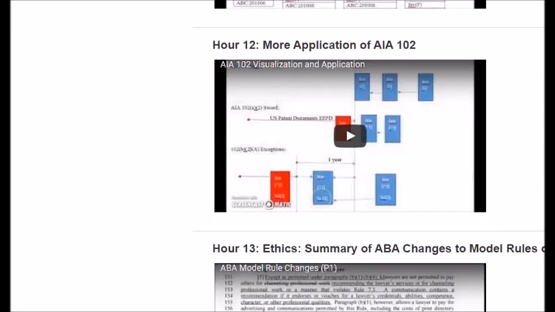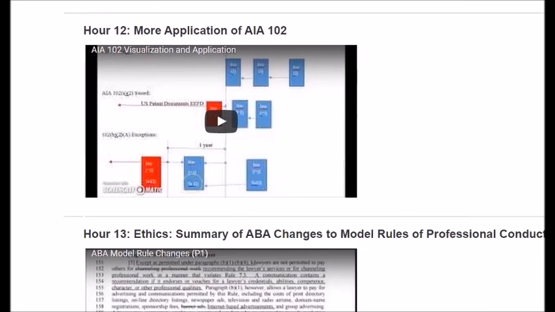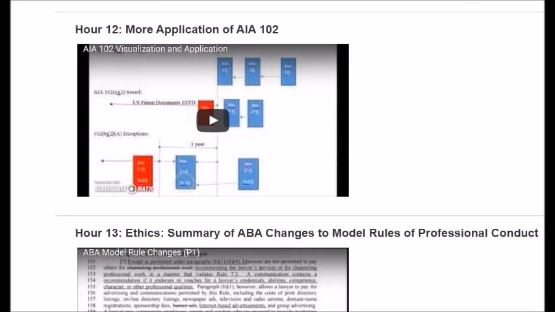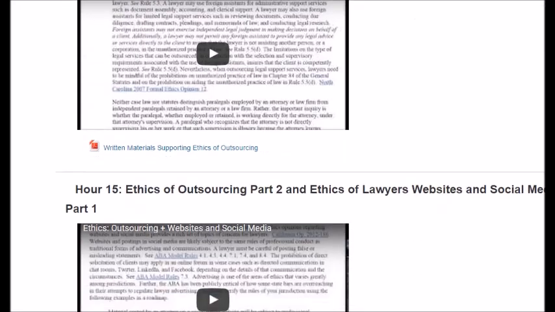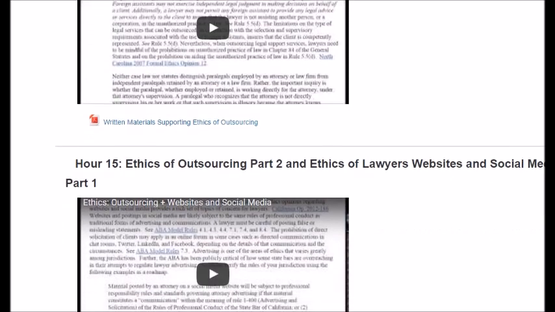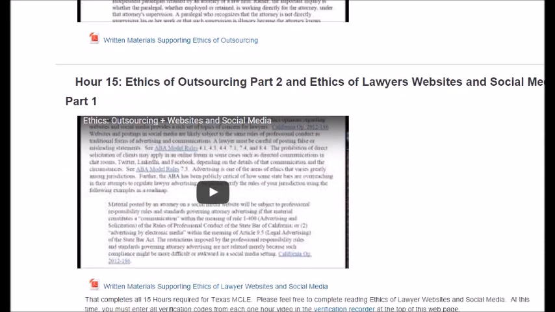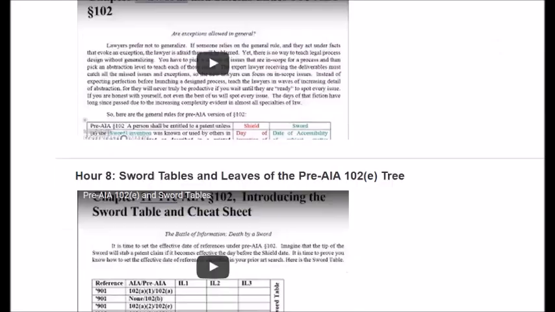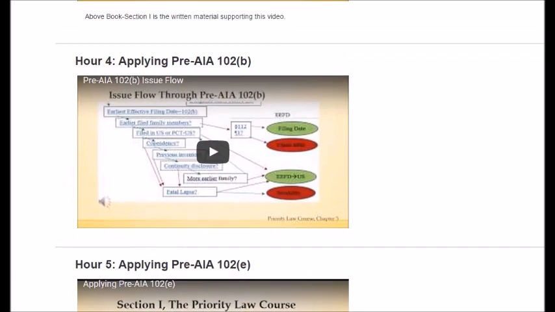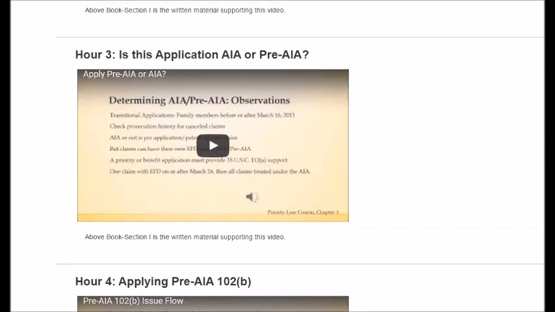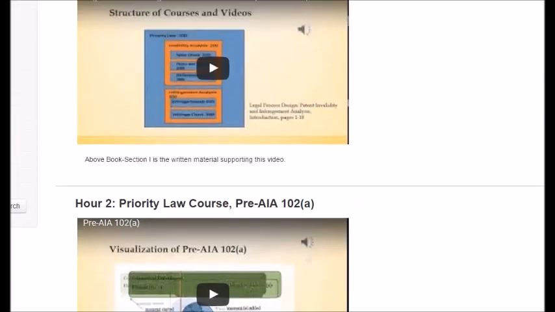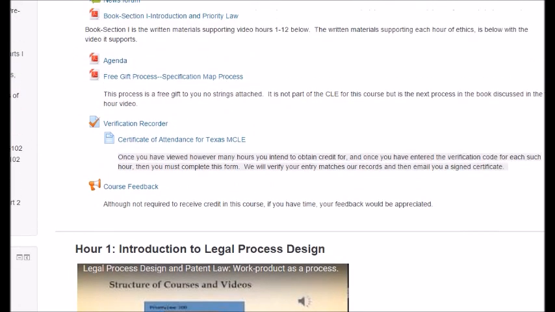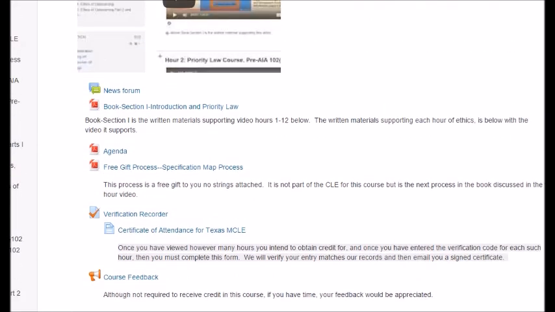And then there's some ethics materials in this course: a summary of the model rule changes, ethics of outsourcing, ethics of lawyer websites and social media, and that completes the 15 hours in this course. The course length will vary based on your state's requirements. This one is a 15-hour course for Texas on priority law. Other states also have priority law.